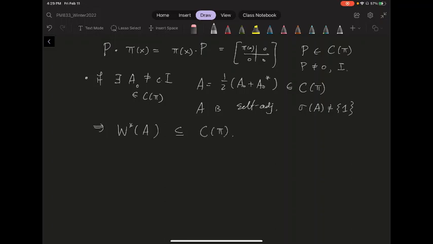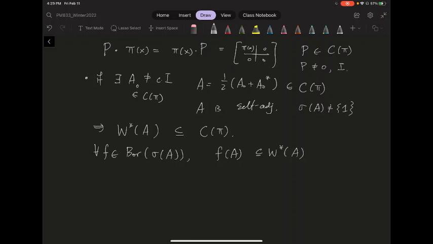But inside a von Neumann algebra, you have this thing called the L infinity function calculus, essentially meaning you can apply any L infinity function to your self-adjoint operator, and you get something again inside the von Neumann algebra. So in other words, if you have some Borel function on the spectrum of this A, then you apply this Borel function and you get something that's still contained in the von Neumann algebra.